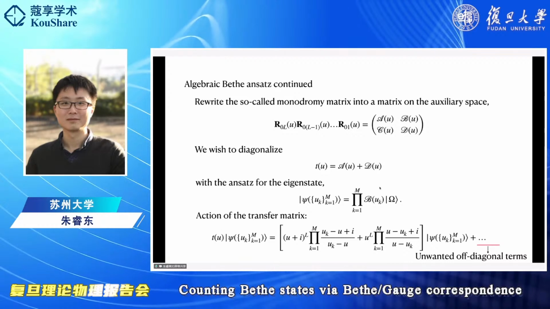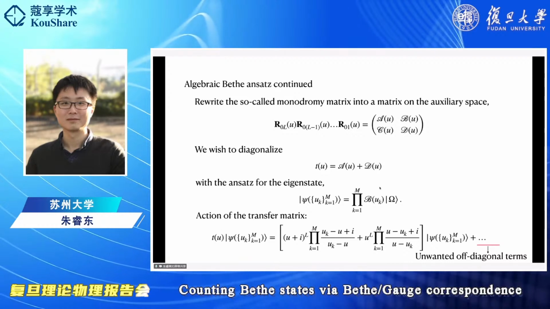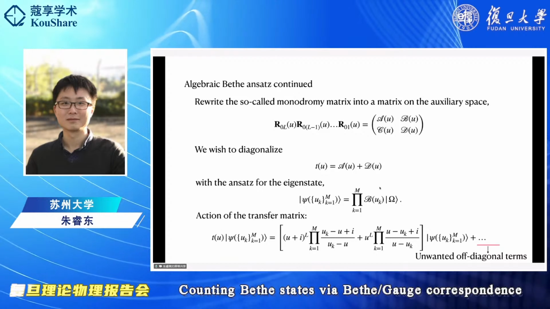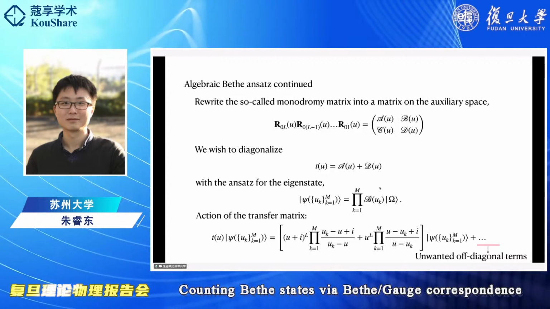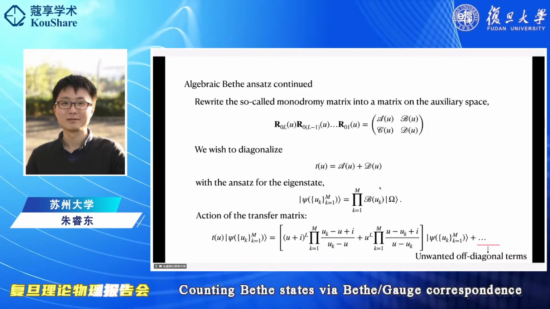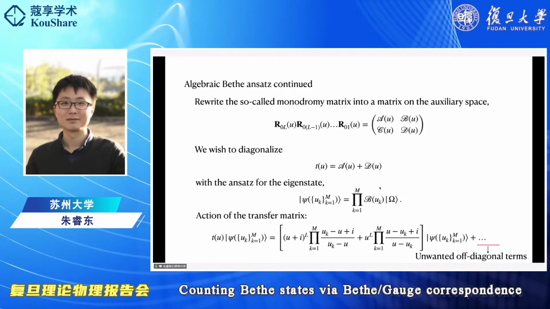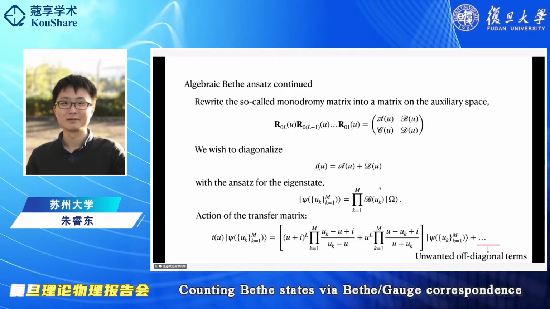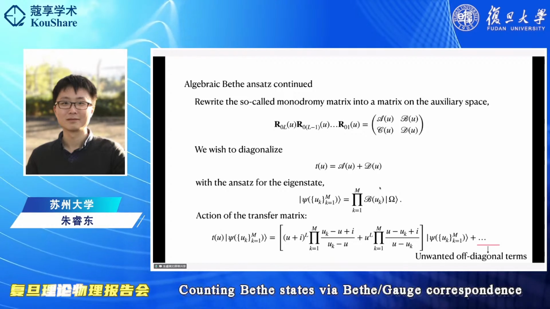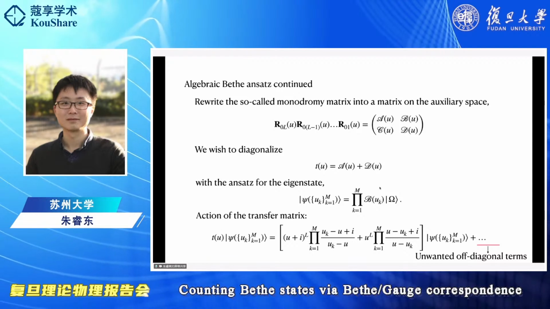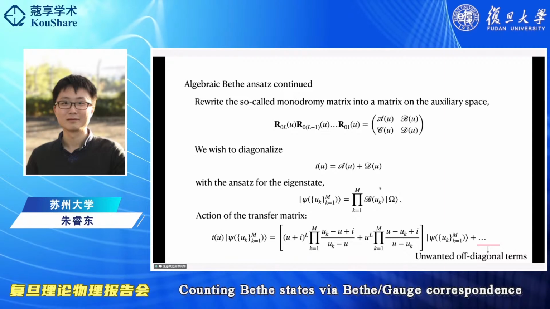Because we can compute the algebraic commutation relations between A, B, C, and D, we will see that it looks like this, with some unwanted off-diagonal terms. If this is an eigenstate, then we wish to kill the unwanted terms, and this will be a diagonal action.